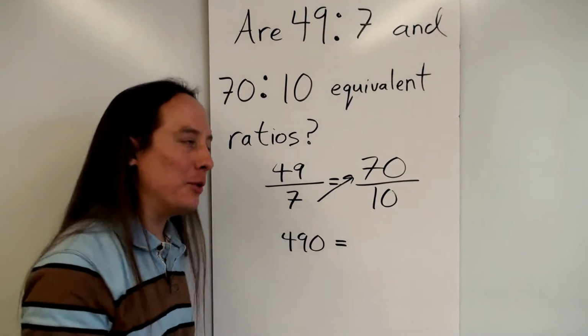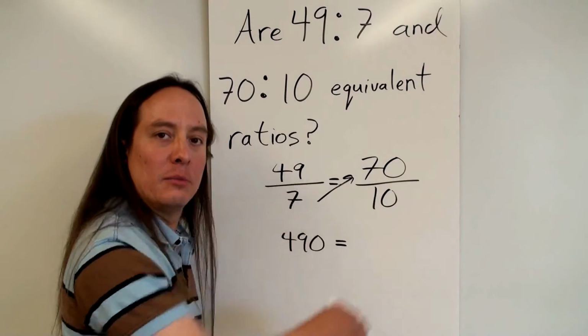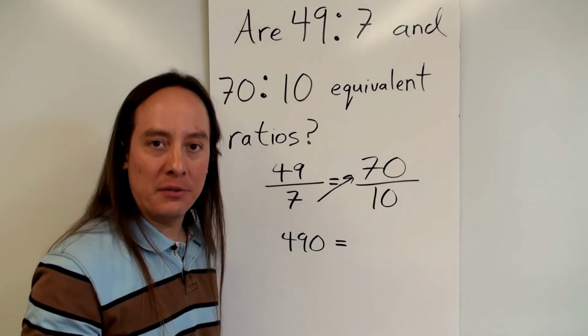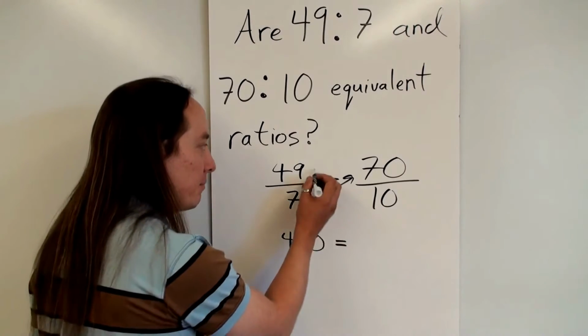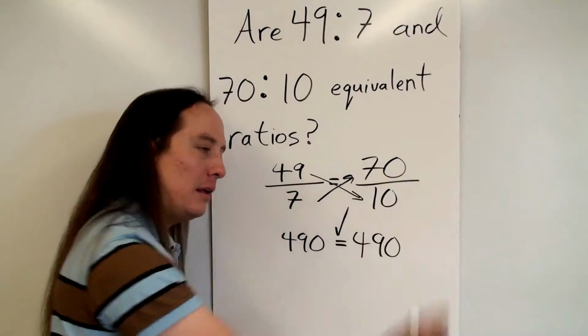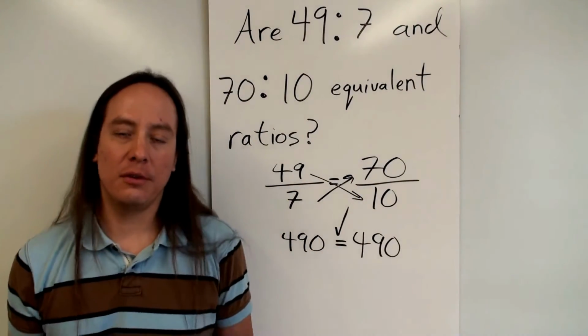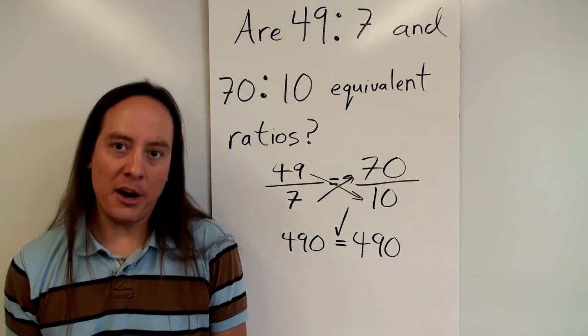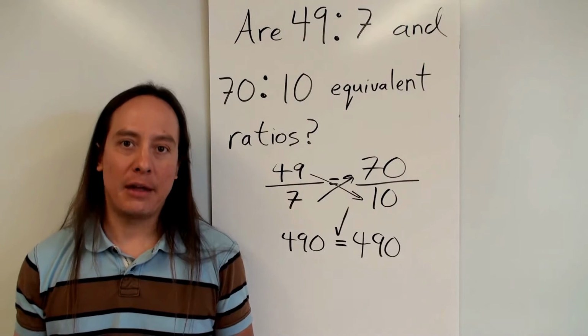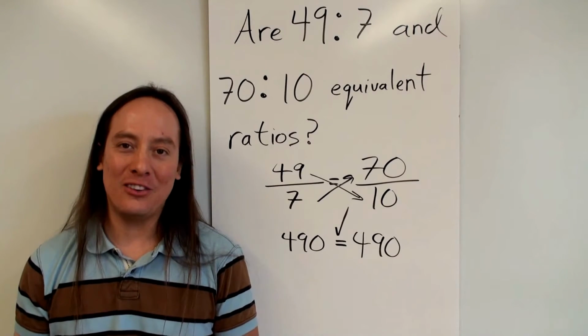Now that should be equal to the other diagonal multiplication. If it's not equal, then they're not equivalent ratios, okay? But as you can see in this one, they are. So yeah, these two are equivalent ratios, okay? So that's where the cross product principle helps out, right? We can prove that yes or prove that no, they are or they are not equivalent ratios.